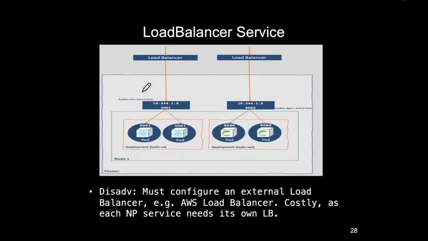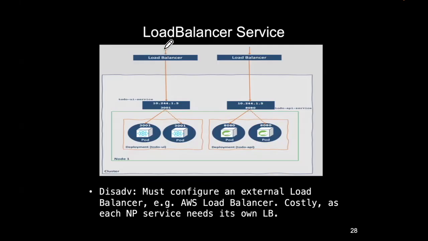Now, the issue here is that your Kubernetes cluster has to be running on the cloud as well. But given that, you configure your load balancer to have direct access to a particular service running within your cluster. And of course, the load balancer has a public IP address and probably a domain name as well.